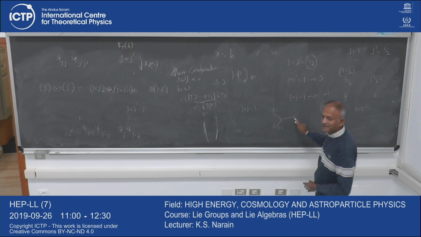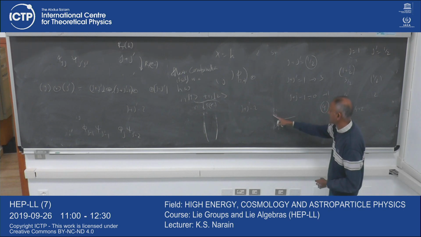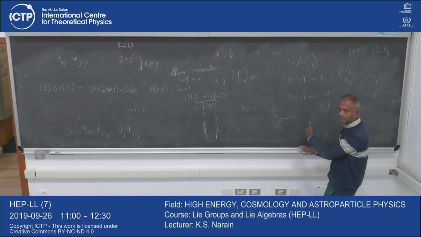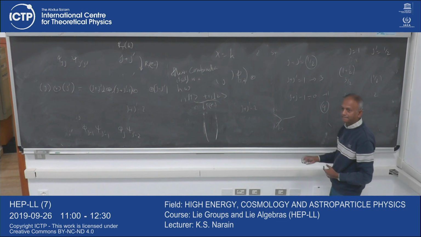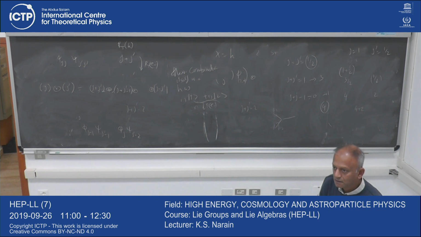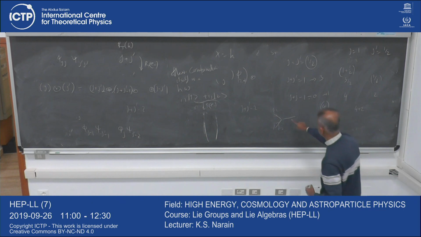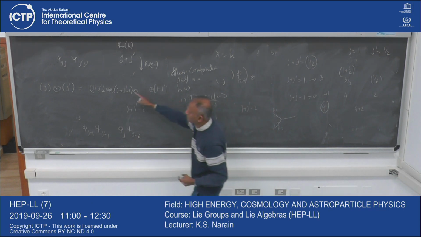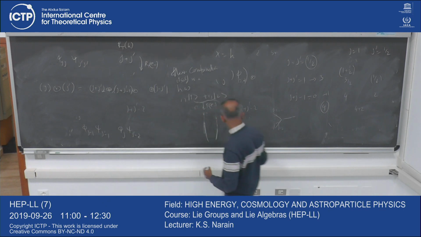What kinds of states can appear here in, say, a scattering process where two particles come and join and form a third particle? The statement is that whatever particle appears here must be in one of these representations. Otherwise this process will not go.